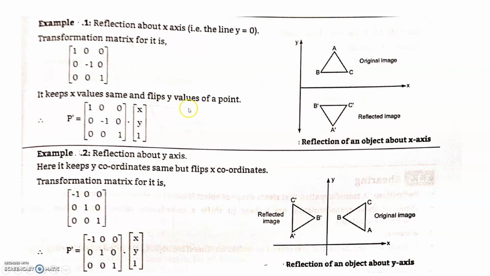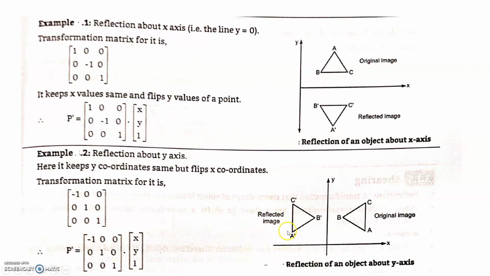Then reflection about the y-axis. In reflection about the y-axis, it keeps the y coordinate the same but flips the x coordinates. The transformation matrix for the same is given here.